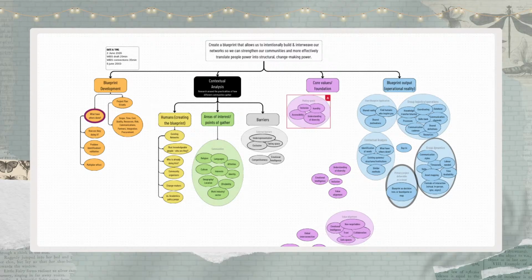I'm just asking how you see that work in terms of, we have the blueprint development, which is planning and validating the problem that we've identified, this contextual analysis that we're doing, and the blueprint itself that we're developing. How do you see the kind of work that we can do with the values?